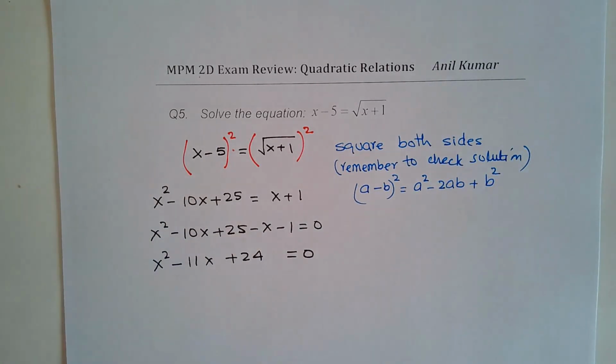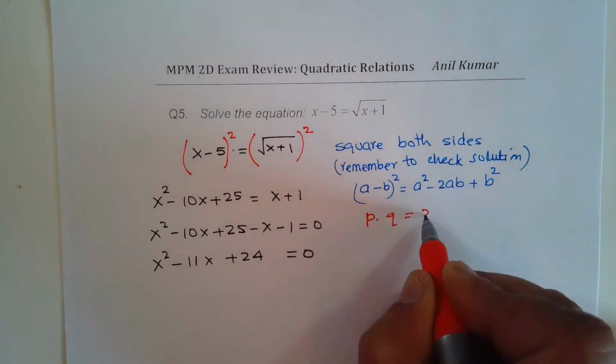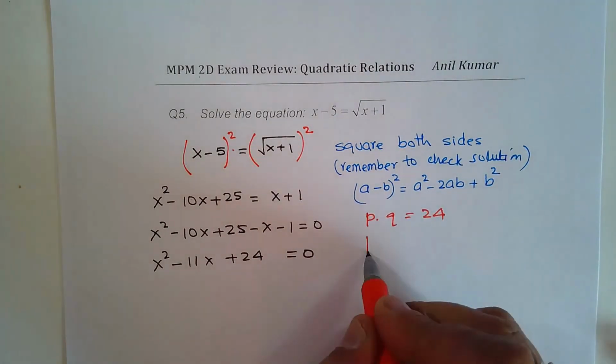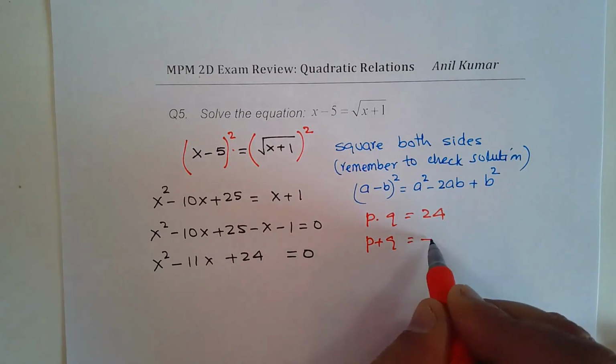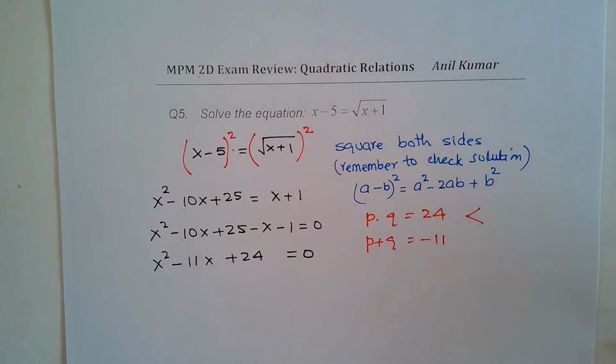Now at this stage you could factor. So we are looking for a product of two numbers p and q equal to 24 and a sum of these two numbers as minus 11. So the two numbers could be 12 and 2, right?